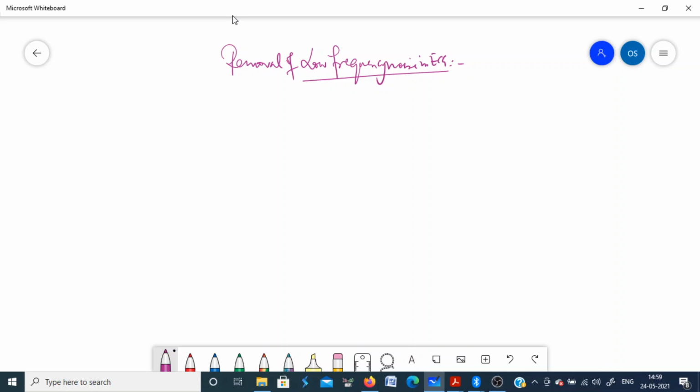Okay, we will discuss now how to remove the low frequency noise from ECG signal. Low frequency noise is basically what we have called earlier, it is baseline wander.